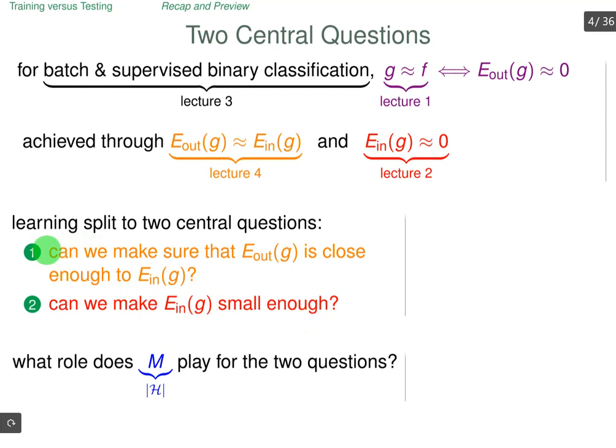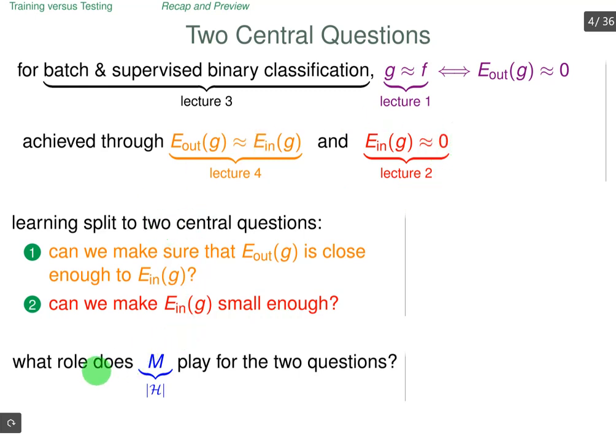These two questions will always be around us. Again, one of the important central questions in machine learning is out-of-sample error being close enough to in-sample error. Second is in-sample error being small enough. In the ideal case, it should be 0.